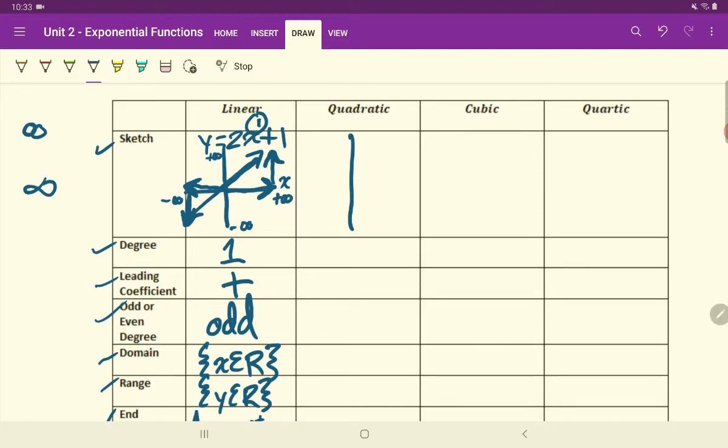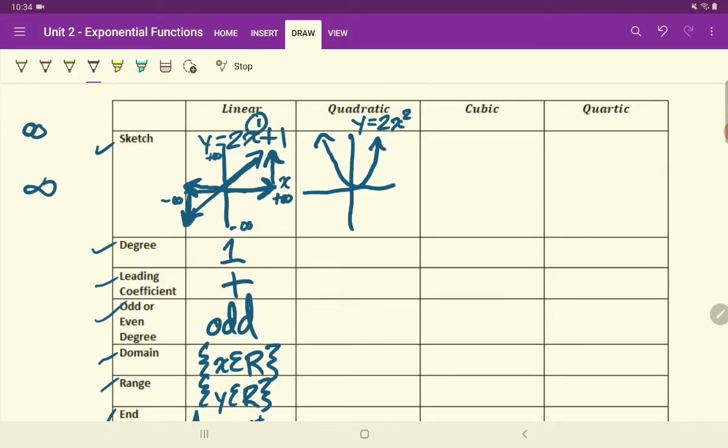Next, let's do a quadratic. Not very neat. Let's try to do one a little bit nicer. Let's say this equation is y equals, I don't know, 2x squared.